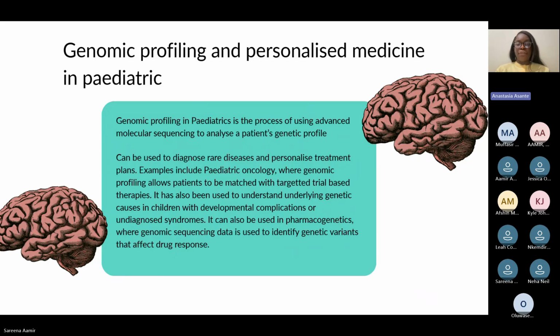It can also be used in pharmacogenetics, where genomic sequencing data is used to identify genomic variants that affect drug response. So basically, genomic profiling is the use of science to provide the best personalized care for patients.